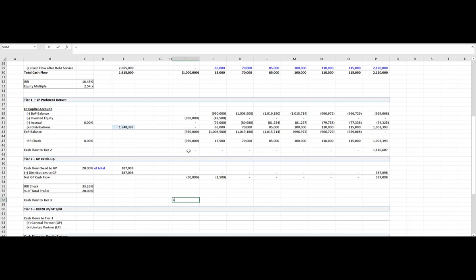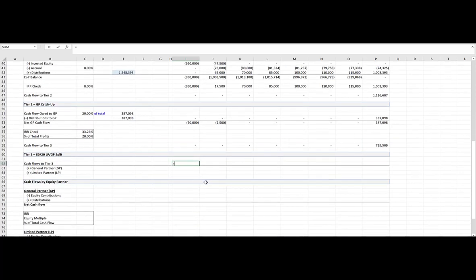So what is going to Tier 3? Well, that's simply what flowed into Tier 2 less what was distributed in Tier 2. Copy that across, and about 730,000 cash flows to Tier 3.